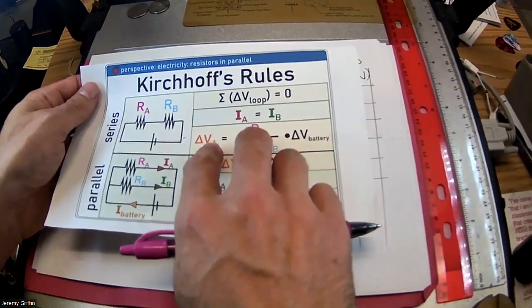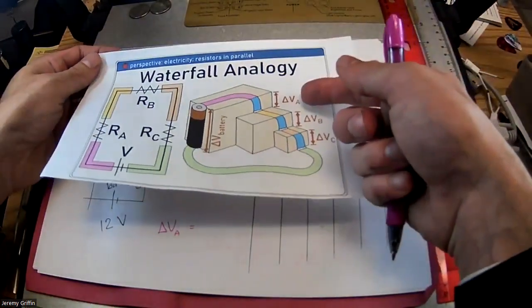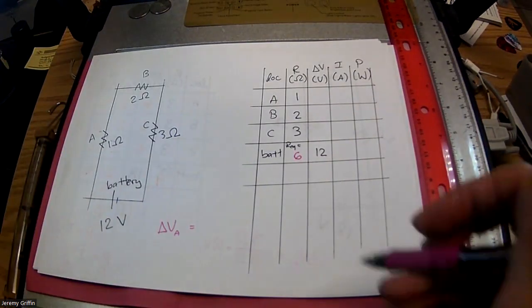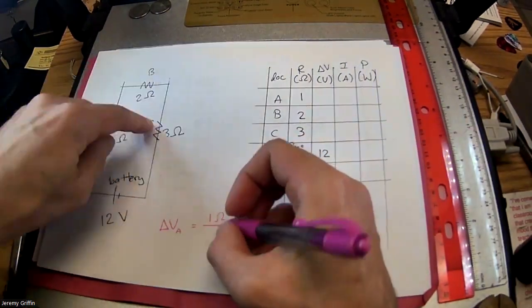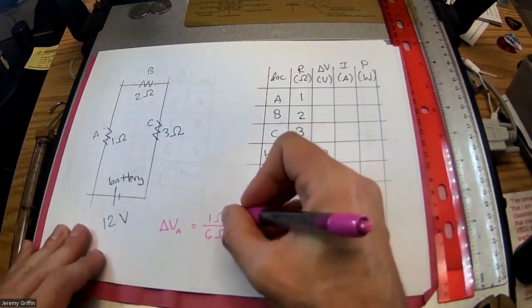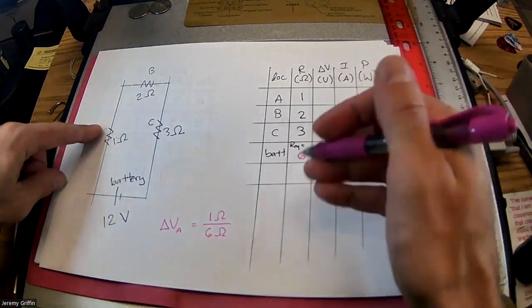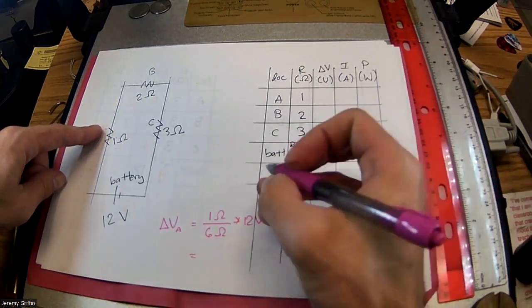We're just doing series, so it's going to drop proportional to the resistance. It's going to be a taller waterfall for each greater resistor. So this guy's only 1 ohm, compared to 1, 2, 3 is 6 ohms along that entire branch. So 1/6 of the entire voltage drop happens across this one, of 12 volts total. Well, what's 1/6 of 12?